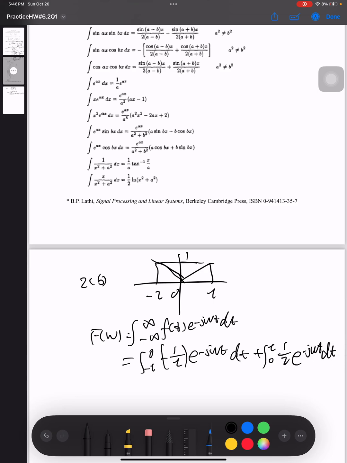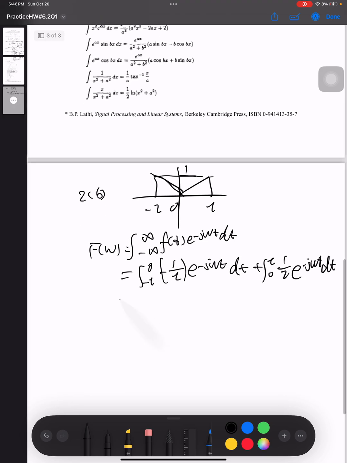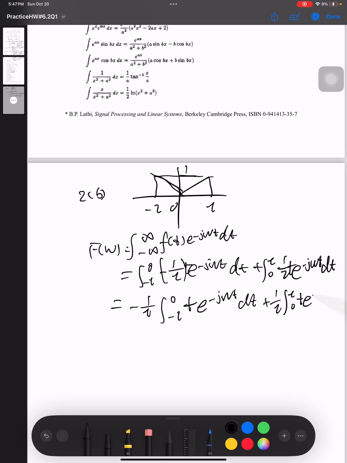Let's do some simplification first. One over tau is just a constant here, so we can pull it out, and then we have t times e^(-j omega t) dt, plus 1 over tau, integral from 0 to tau, of t e^(-j omega t) dt.